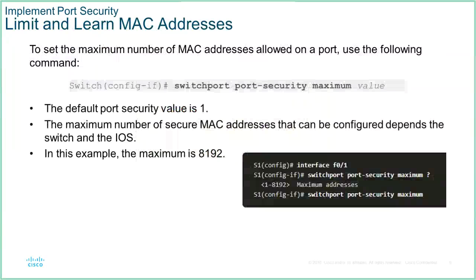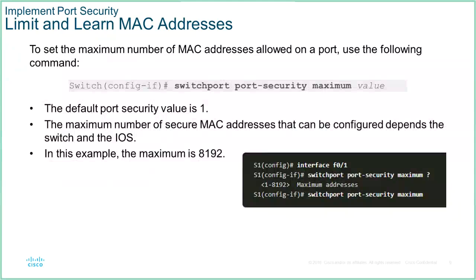So just like with every other command, you can use the question mark to get help as you go through. And the maximum number of MAC addresses is 8,192. Why you'd want that many MAC addresses on a port, I don't know, but that's the range.